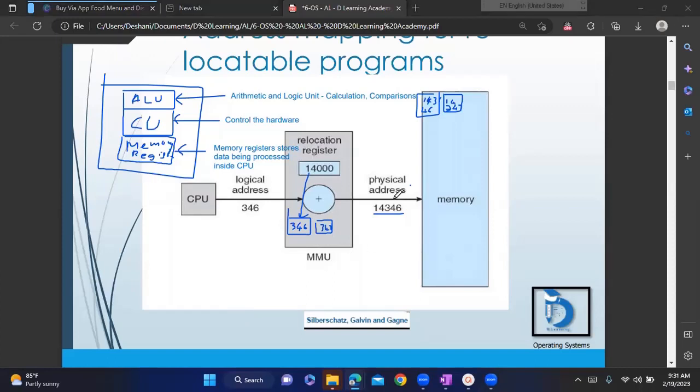Okay, so nothing much to discuss here then. Here the logical address, how it is getting converted to a physical address. That's the part that we were discussing.